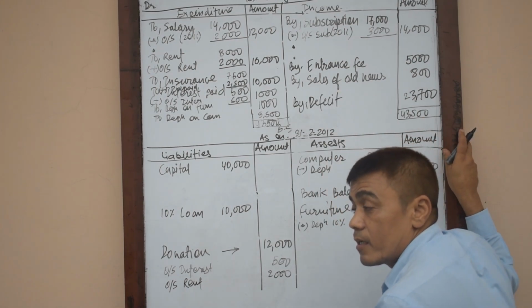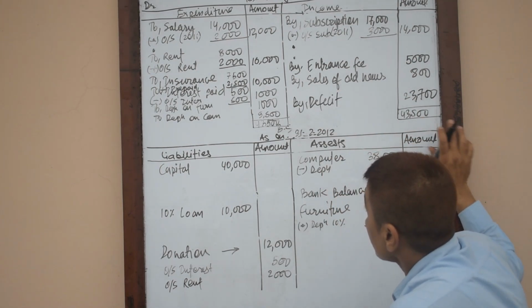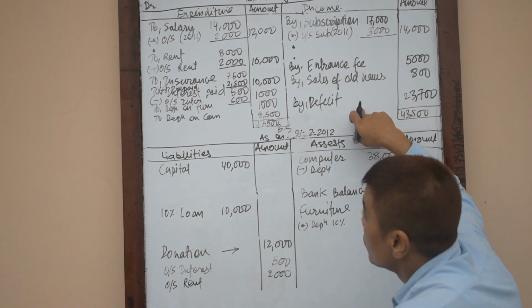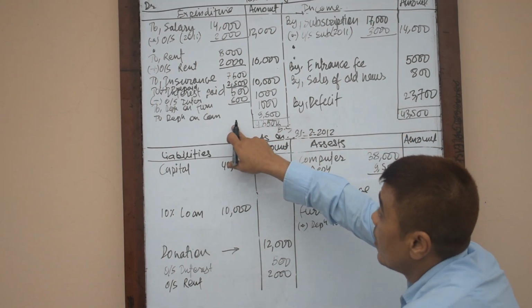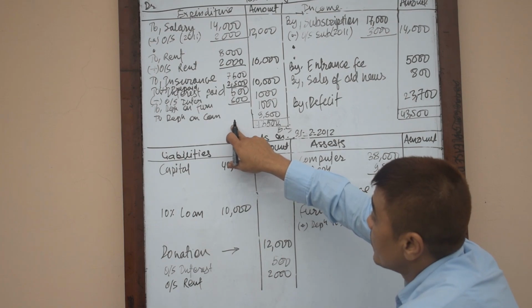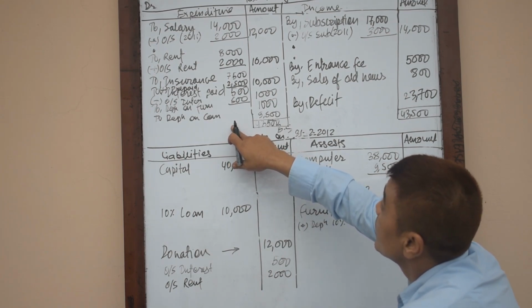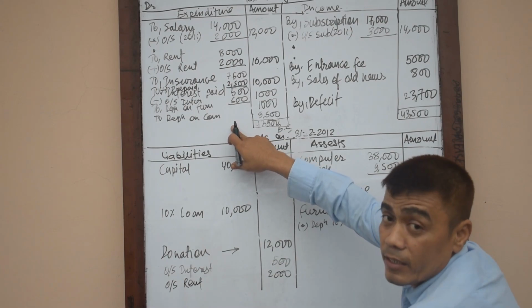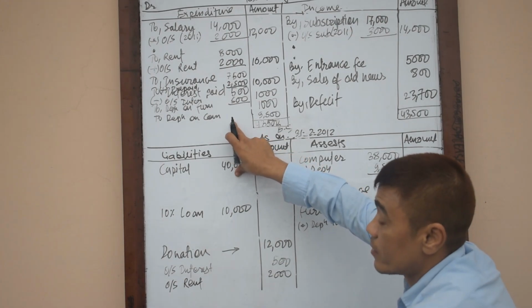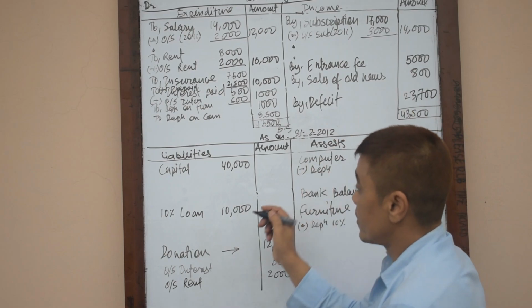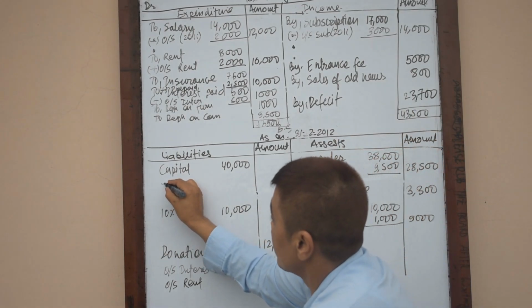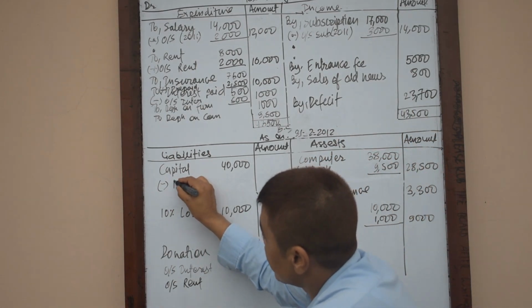If it were a trading concern, then we would write loss, and we write profit. But in the statement of a non-trading concern, if profit then we say surplus, if loss then we say deficit. So deficit should be deducted from the capital, so minus deficit.